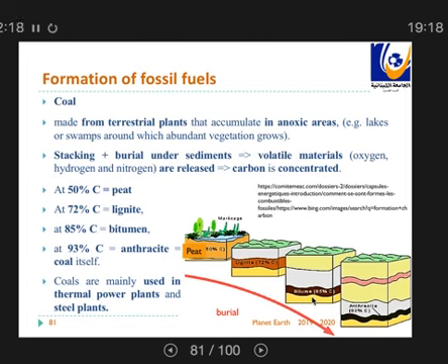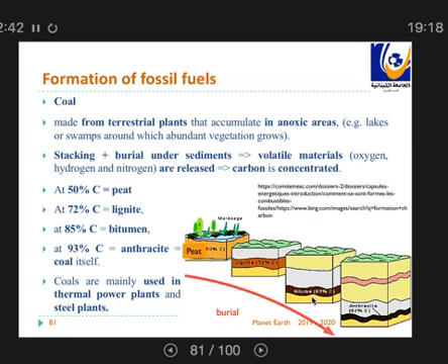Now, two more slides just to give you an idea about the fossil fuel. How is coal formed and how is oil and gas formed? First of all, you have to know that the coal and the oil and the gas we are using are called fossil fuel.